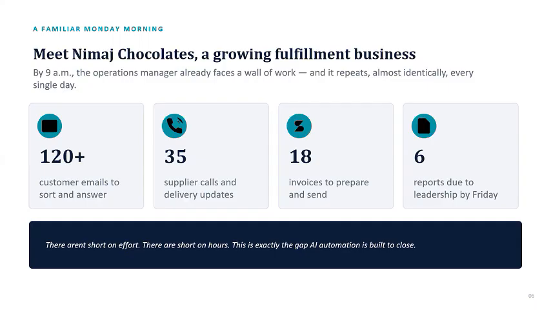The person is working really hard. This person is short on hours. What that means, my friends, is that the person is always constrained by time. And that's exactly the gap that AI automation is built to close. How do we help those who are short on time? How do we build systems that can help those who are short on time?